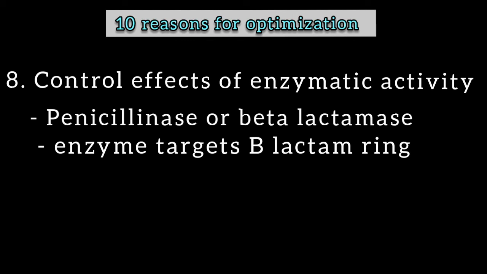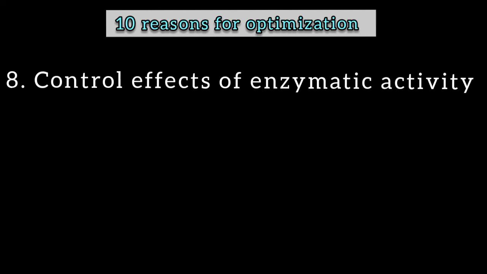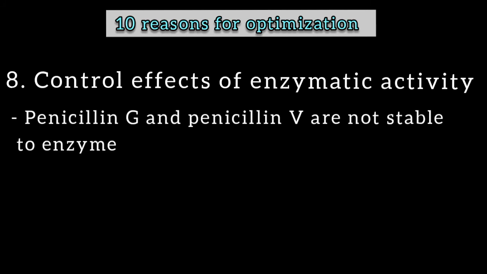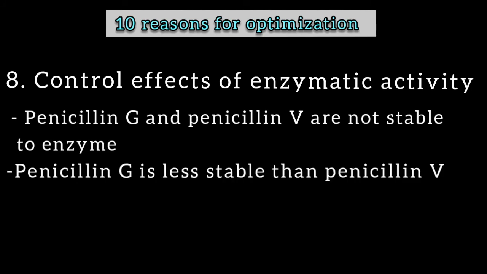Once the penicillinase attacks and breaks down the beta-lactam ring, that means that the penicillin no longer has a therapeutic effect. Both penicillin G and penicillin V are not stable to the enzyme. However, penicillin G is less stable as compared to penicillin V.